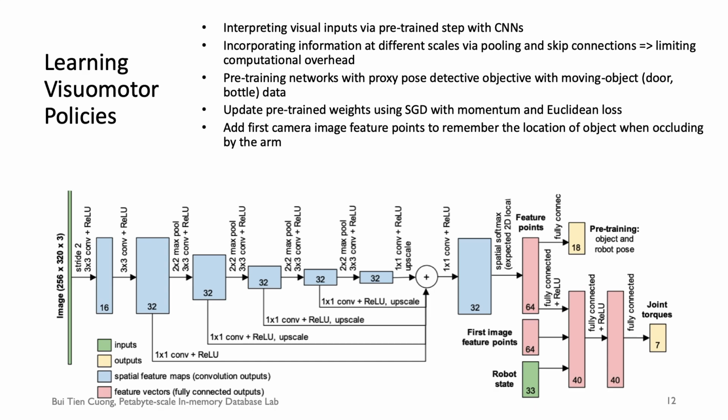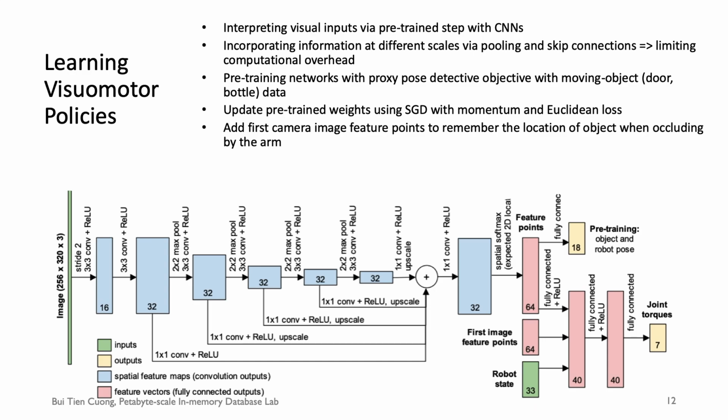The convolutional networks are first pre-trained with two sets of images. Then, the model weights are updated using SGD with momentum and standard Euclidean loss.